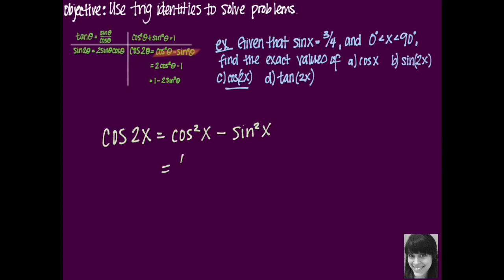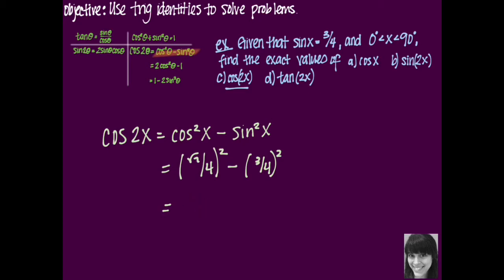And just like I did before, I'm going to substitute in cosine, which is square root of 7 divided by 4 squared, minus the sine of x, which is 3/4 squared. And when I evaluate this, you'll get -1/8.